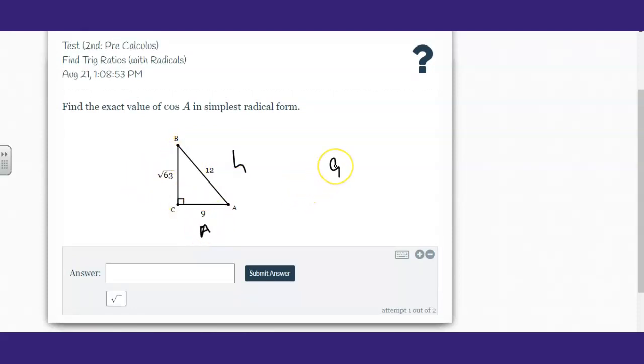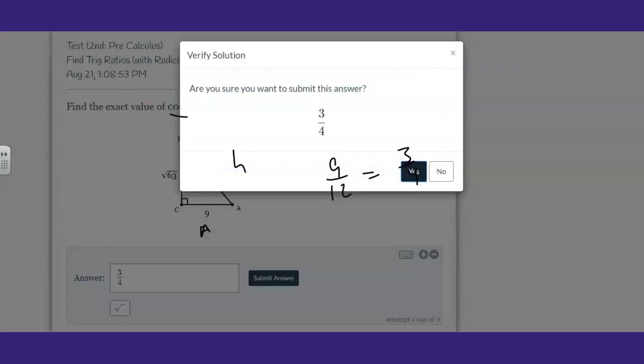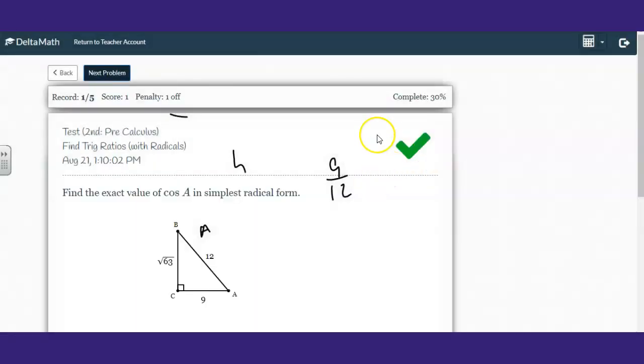So the ratio would be 9 over 12, which is adjacent over hypotenuse for cosine, right? Which we can reduce to 3 over 4. So we come over here and we put 3 divided by 4. Are you sure? Yes, I'm sure. There's my check.